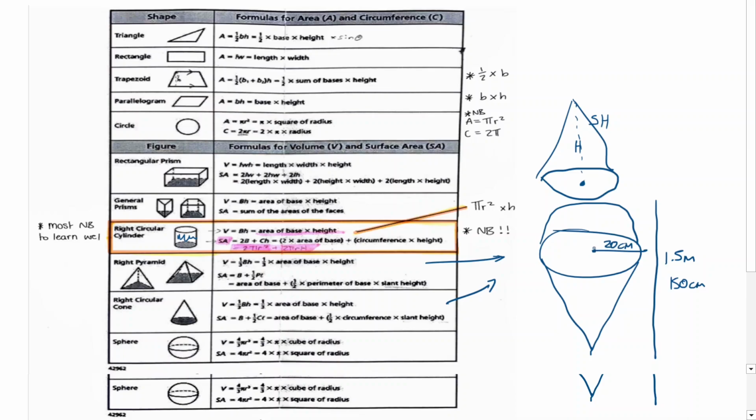And so if this radius of the hemisphere is 20 centimeters, then that means this little bit of height would be 20 centimeters. That means that the leftover height, if the whole thing is 150 centimeters, would just be 130 centimeters for the inside height. So look and make sure that you've got the same units of measurement.